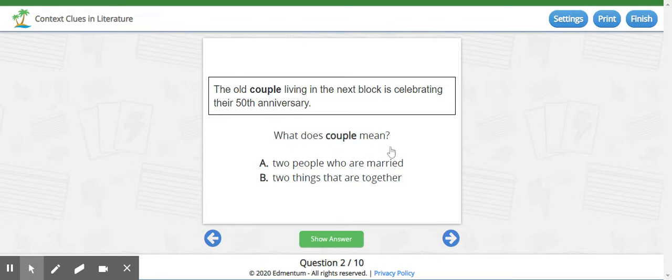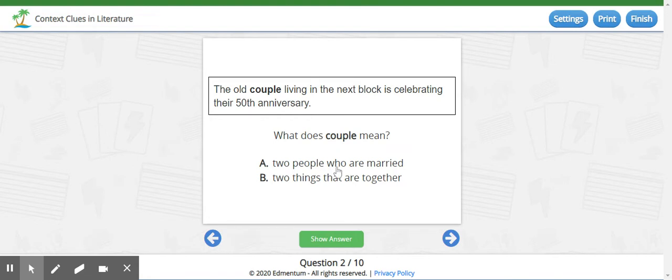What does couple mean? Let's take a look at the context clues. When you are using context clues to define a word, you always want to go back to the text and reread the sentences around the word. So the old couple, we know that they're celebrating, so it must be more than one person celebrating their 50th anniversary.